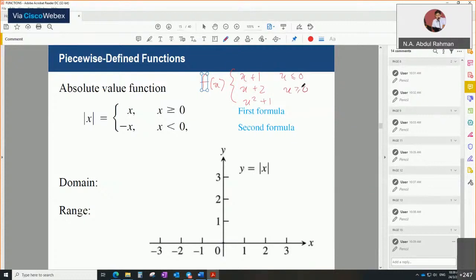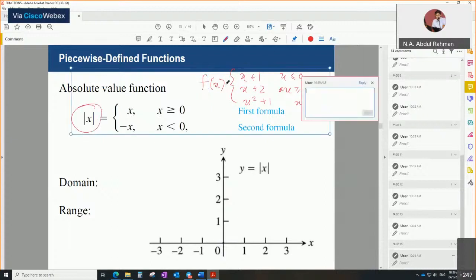This is just one example. It's not strictly about the absolute value, it could be anything. So you should get used to it.